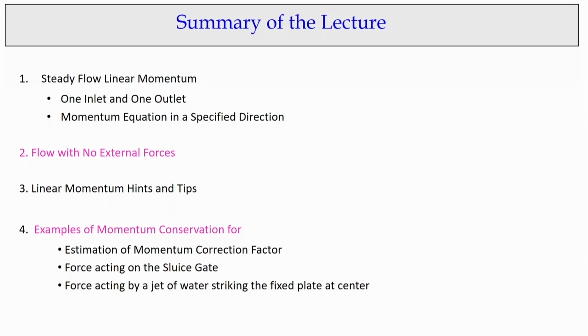Then I discussed thoroughly that whenever you draw the control volumes and try to find the momentum flux, you follow certain hints and tips. If you follow them, you can simplify complex problems and apply appropriate control volumes. Applying the appropriate control volume is an art, like the free body diagram you apply in solid mechanics.